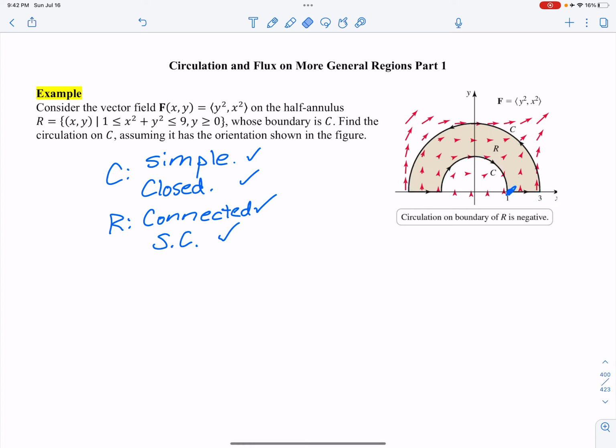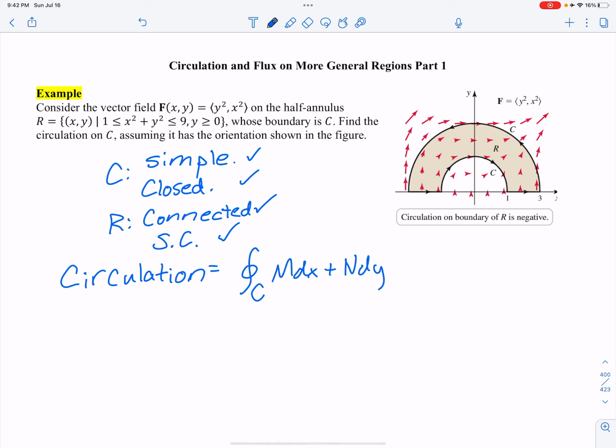We can't just look at the picture and call that science, so let's do some math to confirm it. Remember that circulation is the integral over a closed boundary path C of M dx plus N dy.